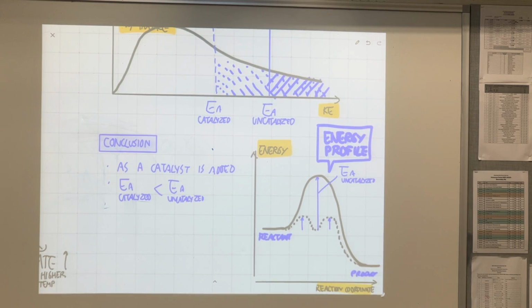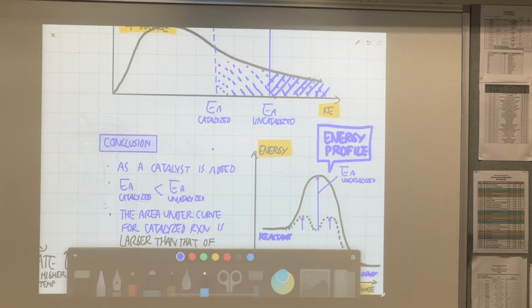Okay, so let's finish this conclusion first. As we add a catalyst, the EA catalyzed is now lowered. So the area under the curve for the catalyzed reaction is larger than that of the uncatalyzed reaction.